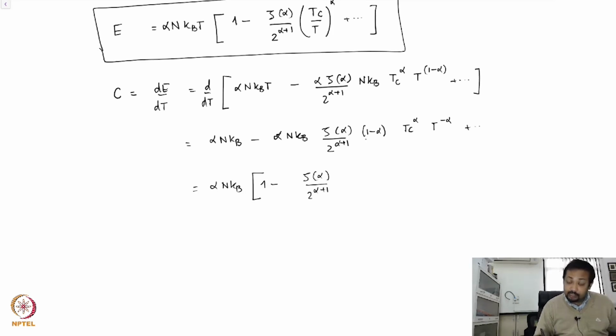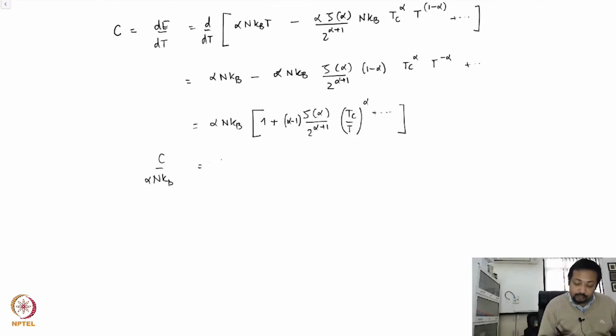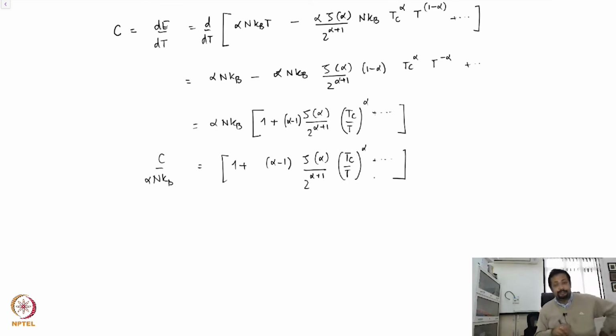I have 1 minus alpha, which I am going to write as alpha minus 1 and make this one a plus, and I have Tc over T raised to the power alpha plus higher order terms. So that C over alpha n k_B is going to be 1 plus alpha minus 1 zeta alpha 2 to the power alpha plus 1 Tc over T raised to the power alpha, plus higher order terms.